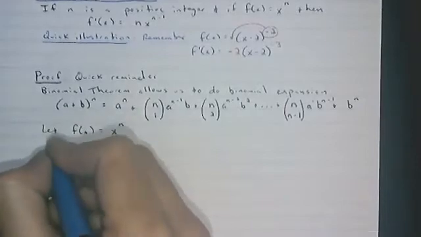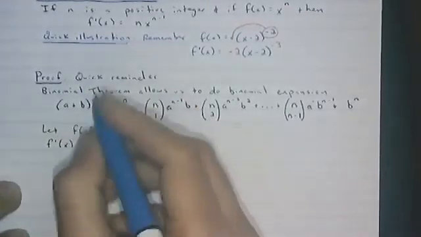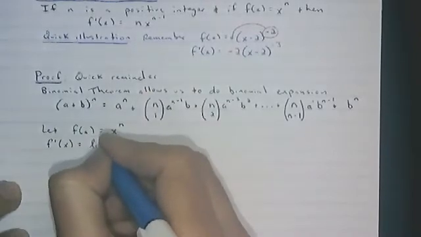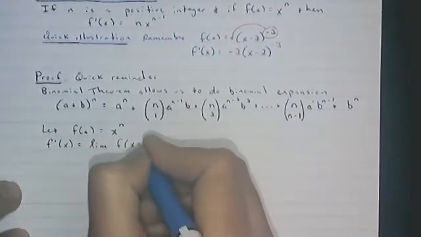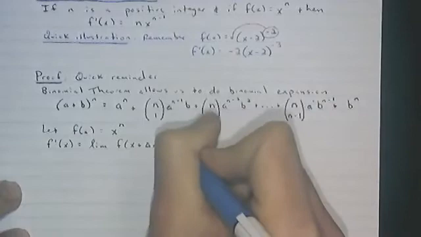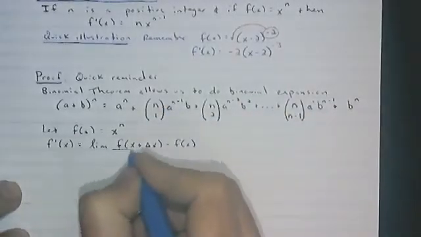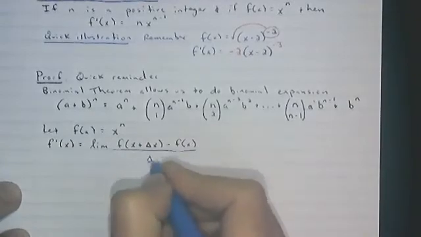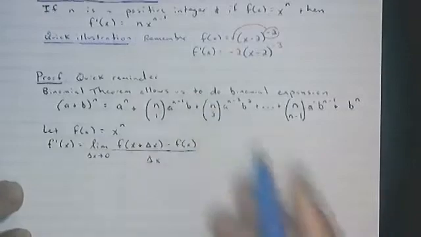Then definition A of the derivative says that the derivative of f can be found by taking the limit of f of x plus delta x minus f of x divided by delta x as delta x approaches 0.